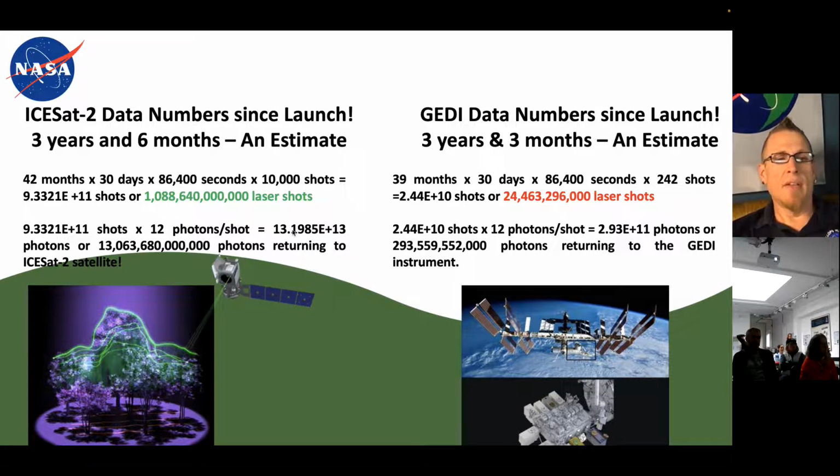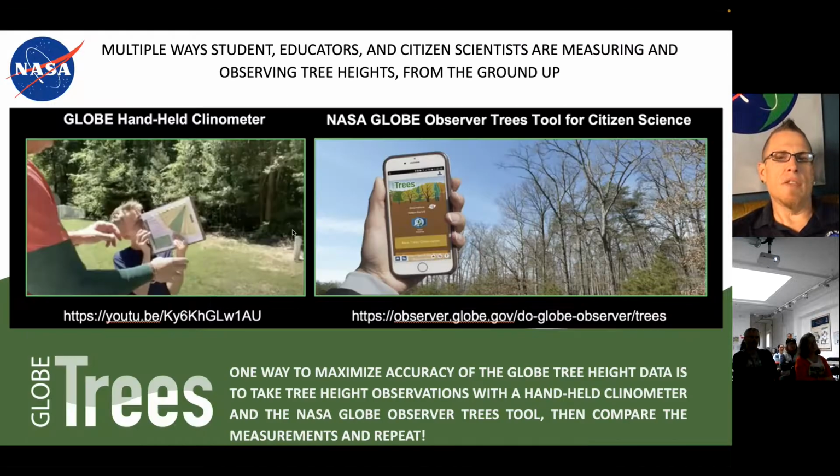And you can see we have 13 trillion photons returning to the ICESat-2 satellite, and 293 billion photons returning to GEDI. So we have lots and lots of data for use by anybody. And all this data is available to everyone, just from the websites related to the missions.